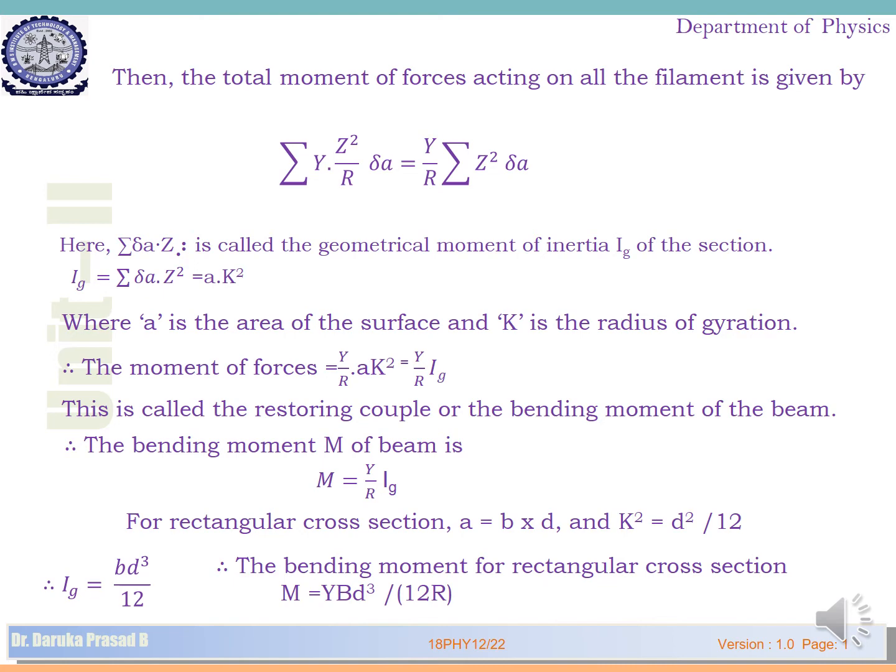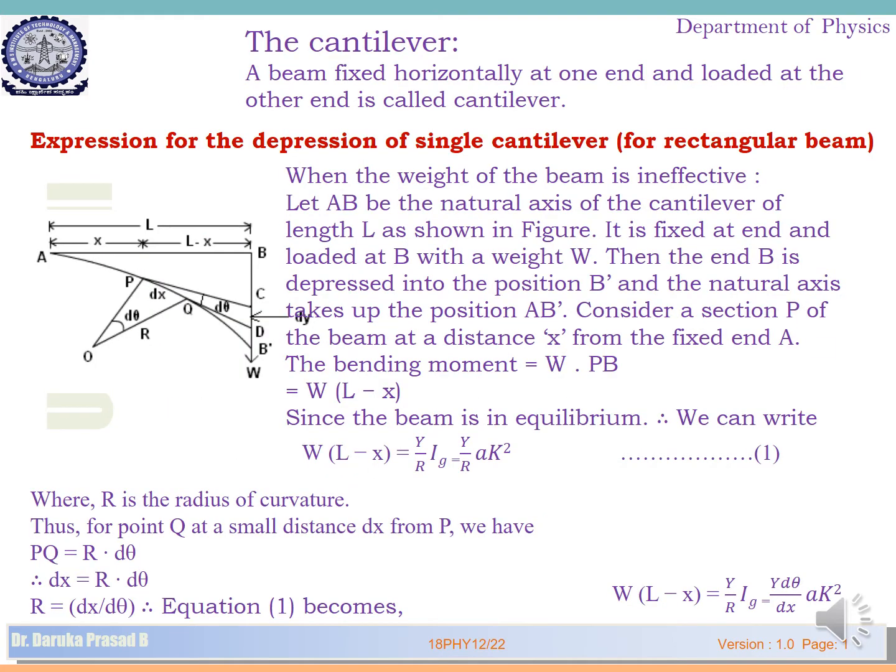This expression is important, and this derivation will generally be asked for 6 to 7 marks. We'll move to the next topic, that is the cantilever. As you know, the cantilever is a beam which is fixed at one end, and at the other end the load acts, making the length of the beam change along its axis.